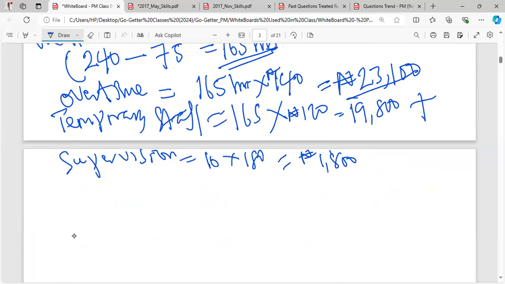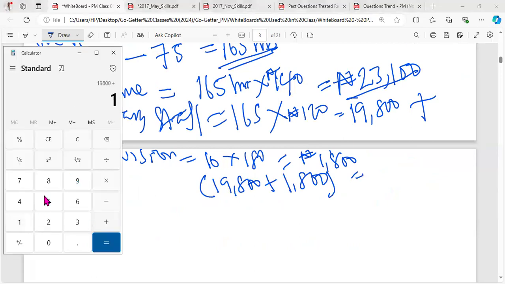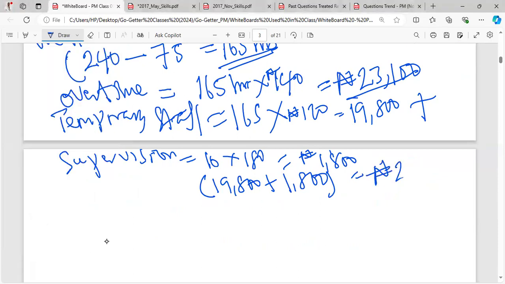So now, if I add 19,800 plus 1,800, that will give me 21,600. So if you are the company, what should you do? Would you allow them to do overtime and you pay 23,100?